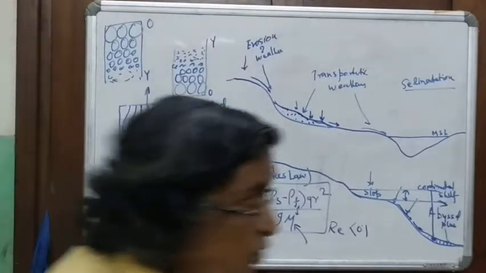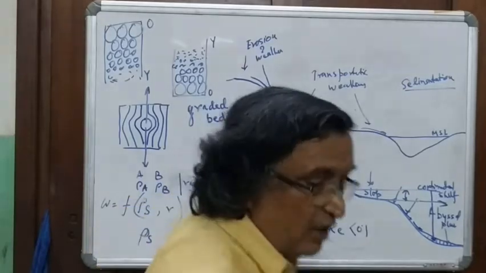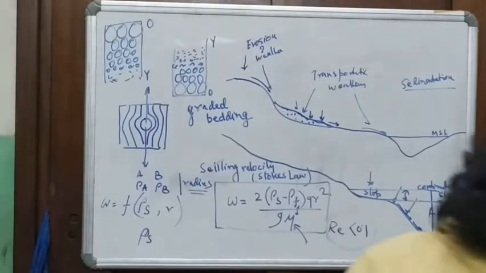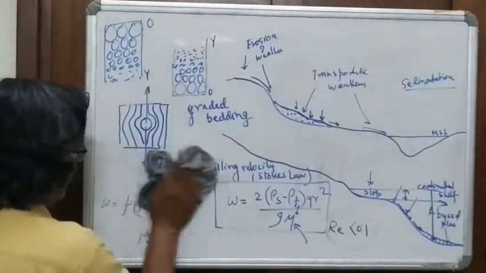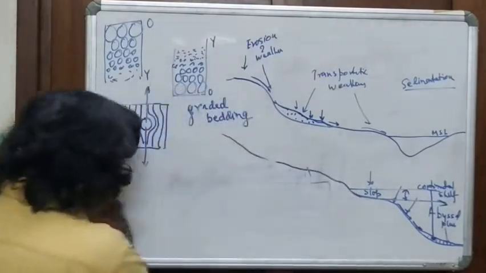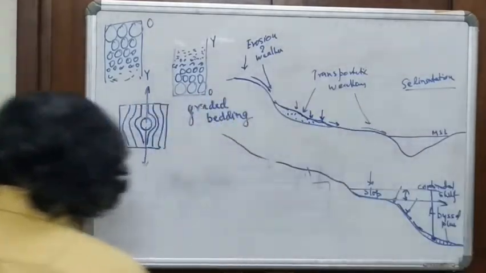But Stokes law has a limitation because of the Reynolds number. So there was another great gentleman at that time, who seems to be there everywhere, who suggested the following equation.